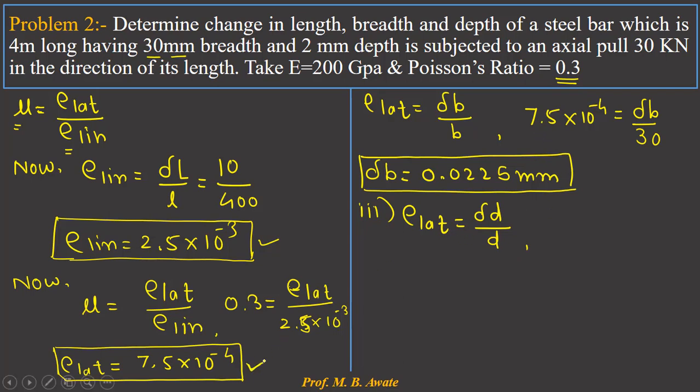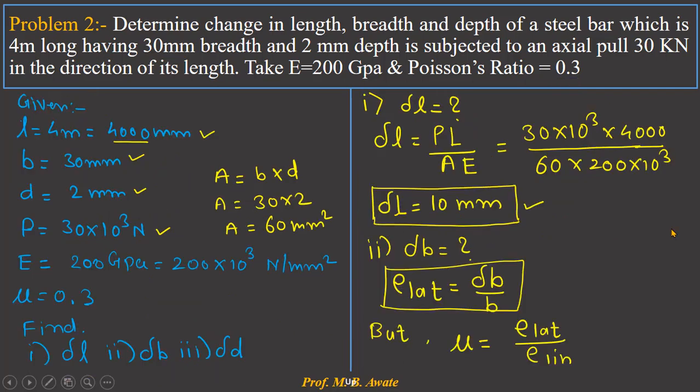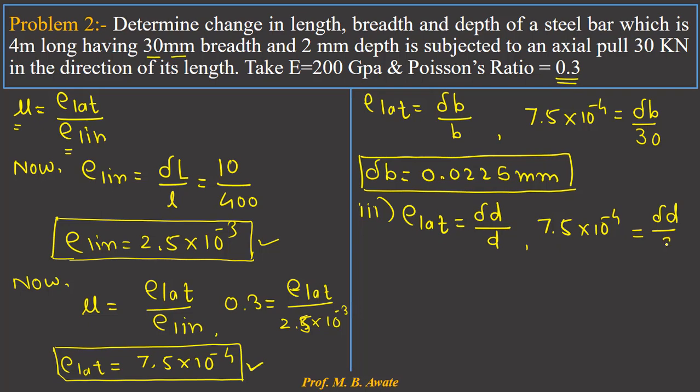You can see that is 7.5 into 10 raised to minus 4, equal to delta D, which we have to calculate, divided by D. D is nothing but original depth, and you can see original depth is equal to 2 mm. So 2 I am writing at the denominator, and after this calculation I will get the value for change in depth as 1.5 into 10 raised to minus 3 millimeters. So this is the value for change in depth.